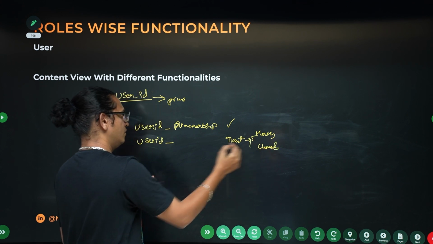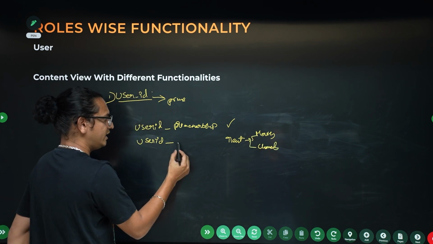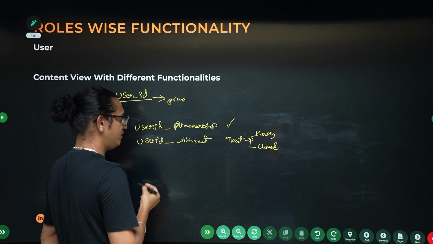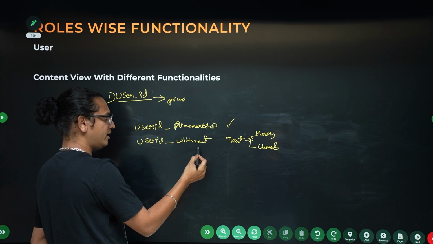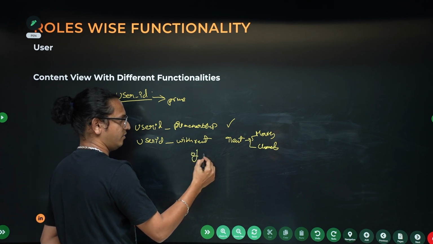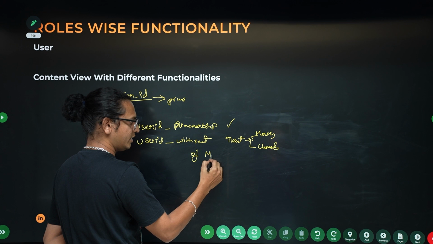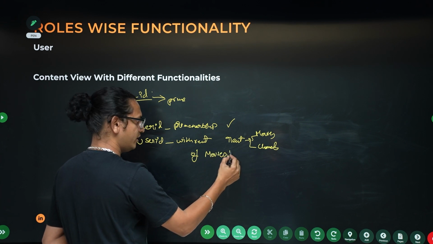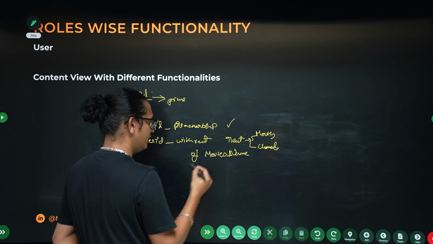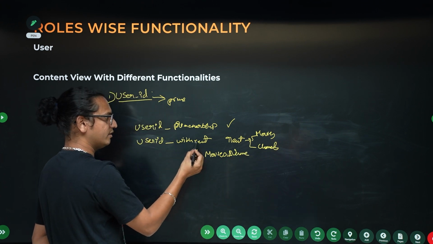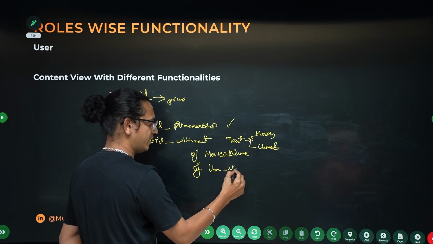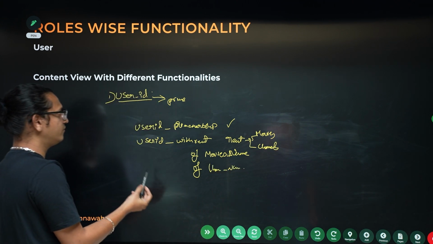So user ID with rent is the next thing: user ID with rent of a particular movie, where movie underscore name is mentioned, and user ID with rent of channel, underscore channel name. So this is how the DB of the user has been created.